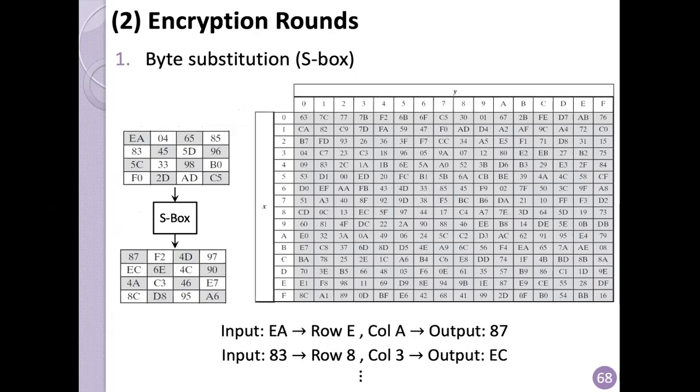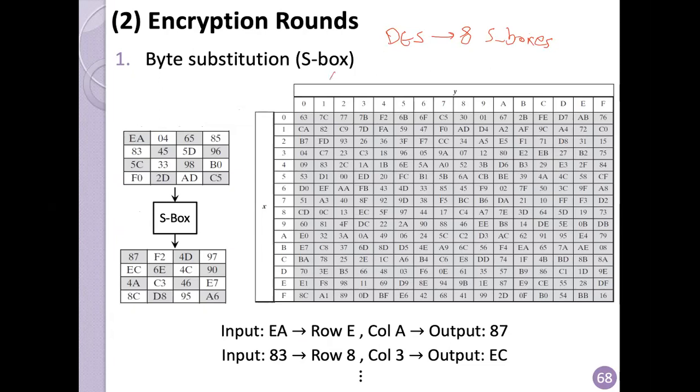Okay, let's see the first step, which is the S-box or substitution box. Here, unlike DES, where if you remember we said that we have 8 different S-boxes, here we only have one S-box. AES only has one S-box, and that S-box is pretty big.